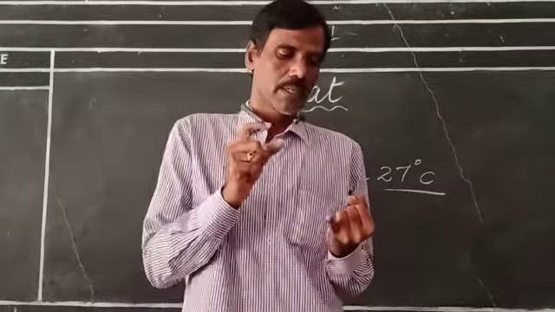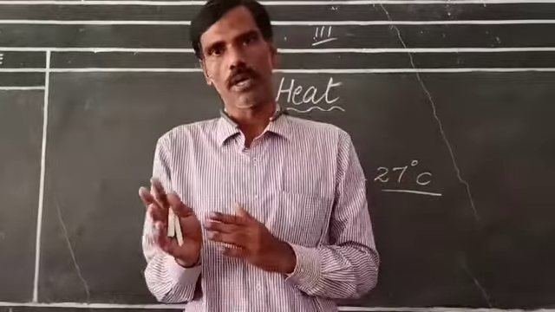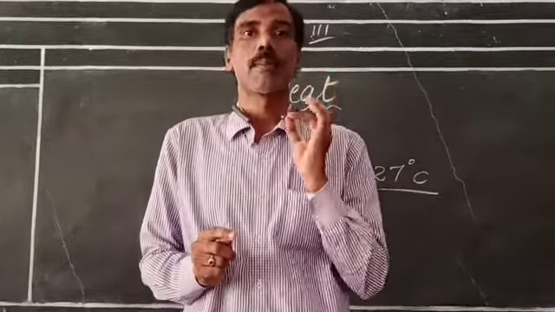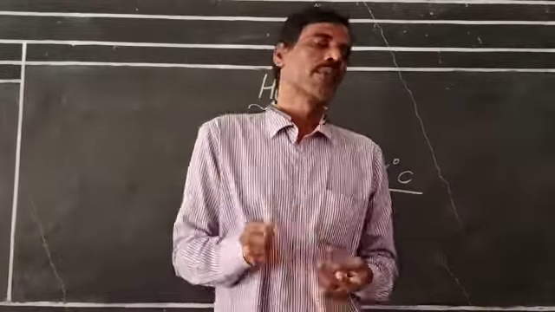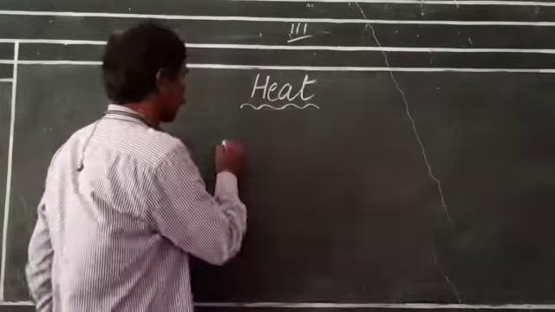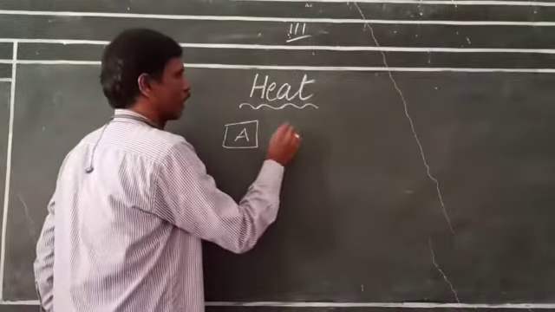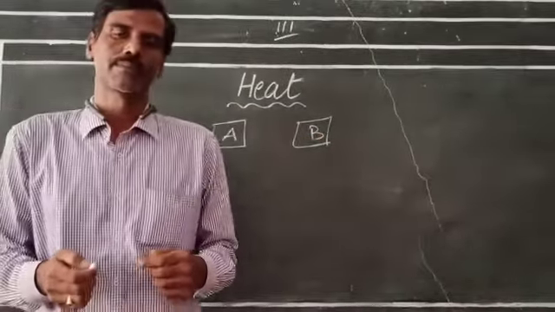Here, one more thing. This flow of heat continues between the two bodies in thermal contact until they attain the equal temperature. For example, if two bodies are there with us, let us say body A and body B, at different temperatures.